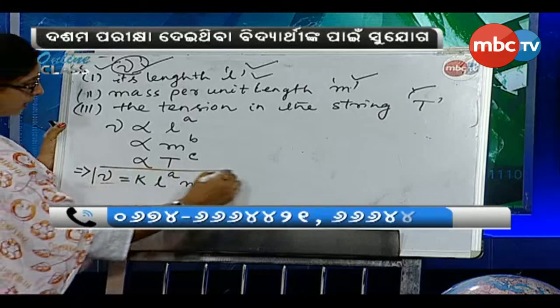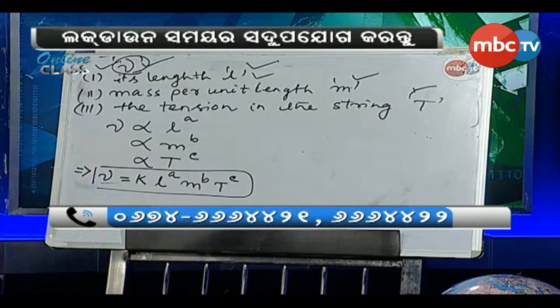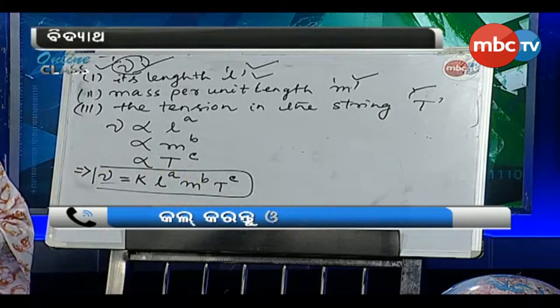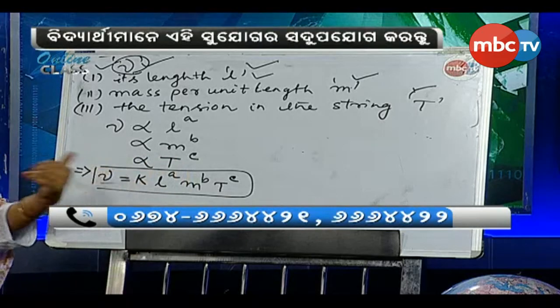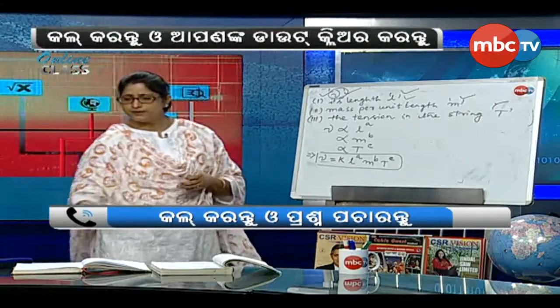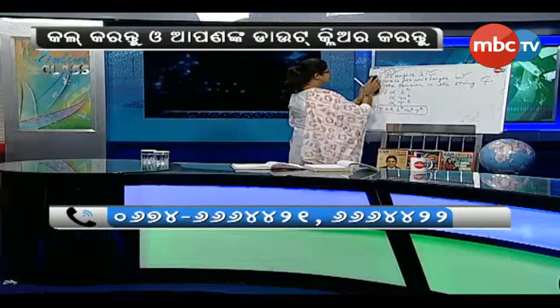This is the equation. Now your work is to find the values of A, B, C. Put the values of A, B, C here, then you will find the answer. Let's do it.